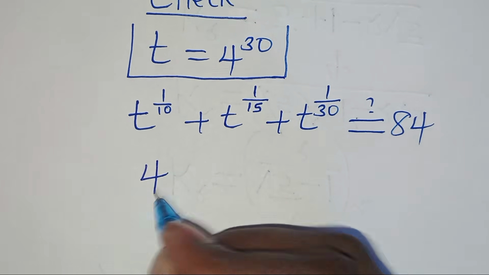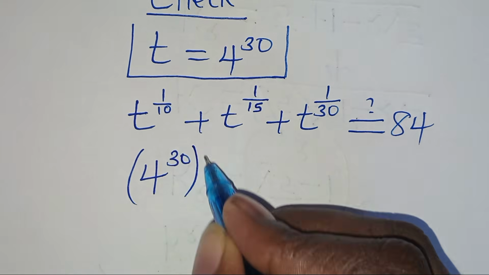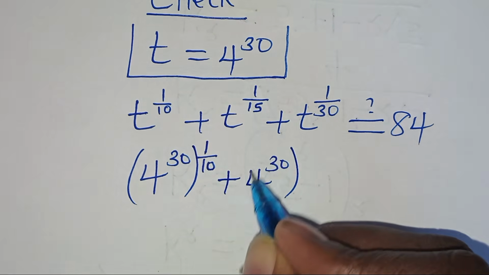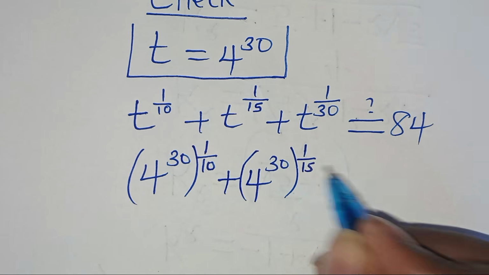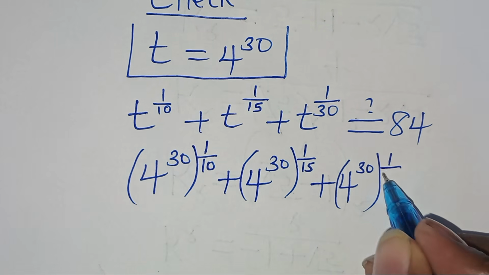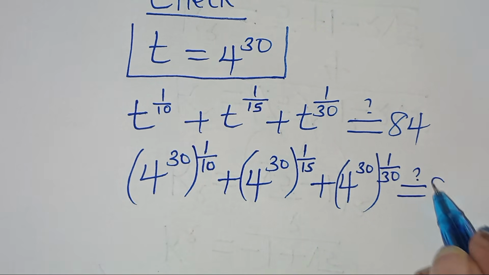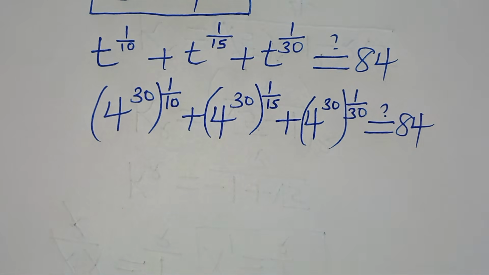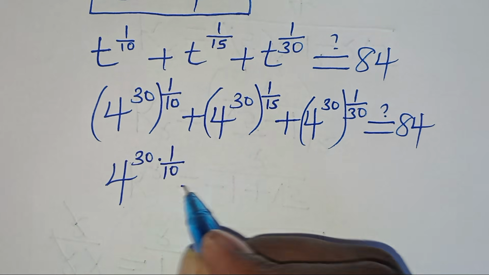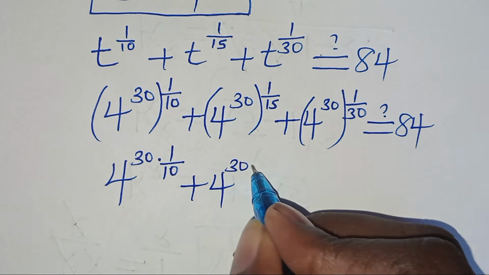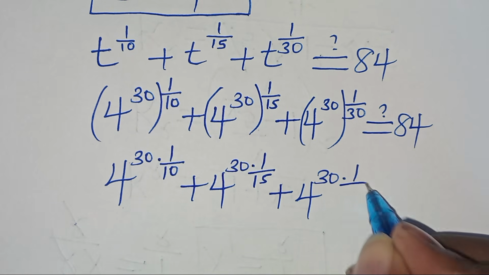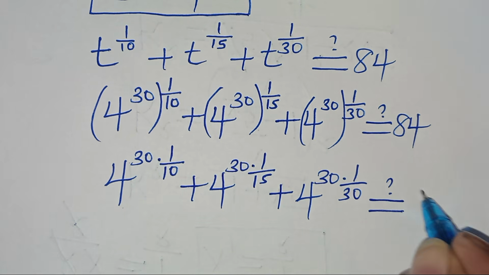So t is 4 raised to the power of 30 raised to the power of 1 over 10, plus 4 raised to the power of 30 times 1 over 15, plus 4 raised to the power of 30 times 1 over 30. This should give us a value of 84.